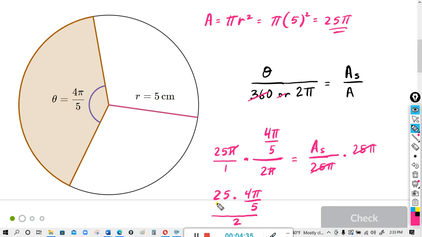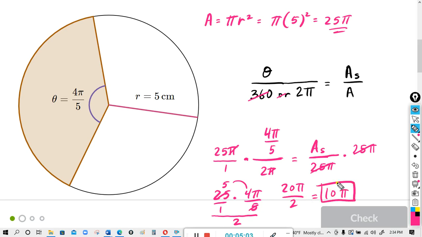Okay, so if you want to make it 25 over 1 again, same thing. Okay, 25 on the top and bottom. 25 divided by 5 cancels. Okay, and 5 times 4 is 20 times pi. And that's divided by 2. And 20 divided by 2 is 10. That's 10 pi.